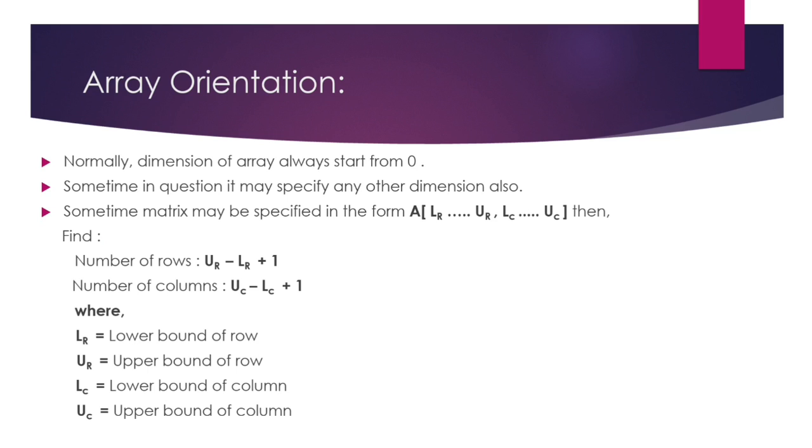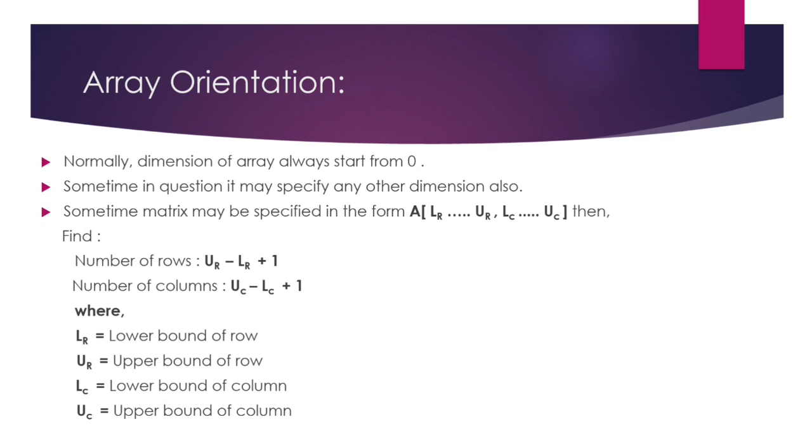How are they going to change? Sometimes the matrix looks like this format: array, then lower row, upper row, lower column, upper column. LR is lower row, UR is upper row, LC is lower column, UC is upper column. They are going to give us in this format also.